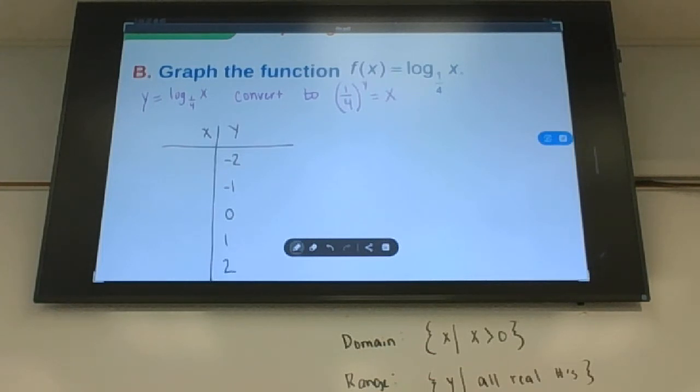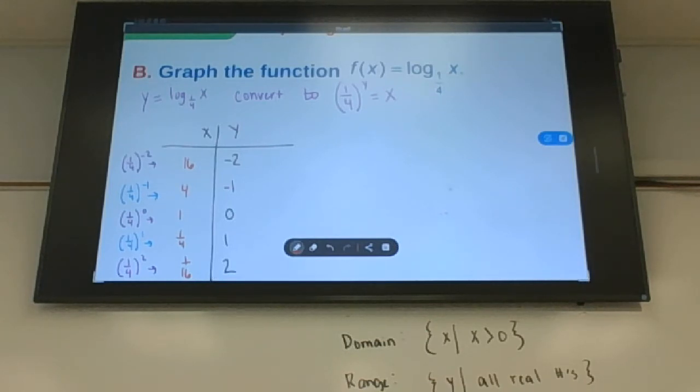Use the same y value. Everything switched.